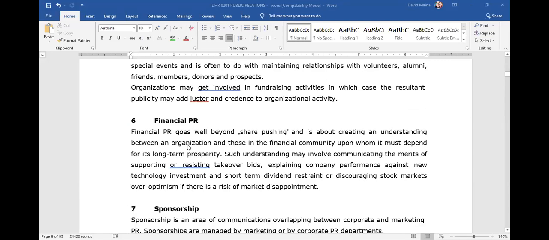And when you talk about financial PR, like for example, those people who buy newspapers. Sometimes you can buy a newspaper and find Ecobank has published all their financial statements, showing how they made profit for a certain period of time in the year, and so on and so forth. That is called financial PR.